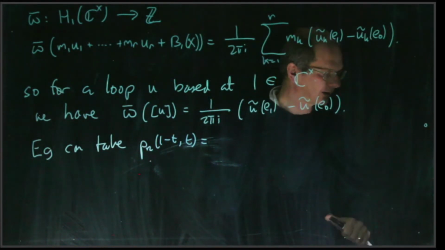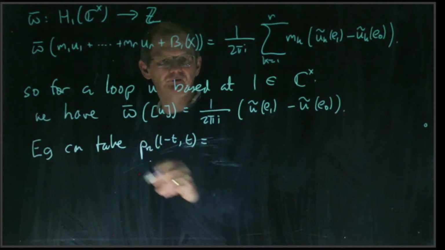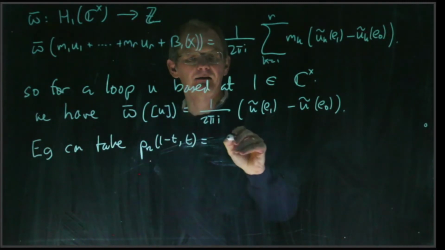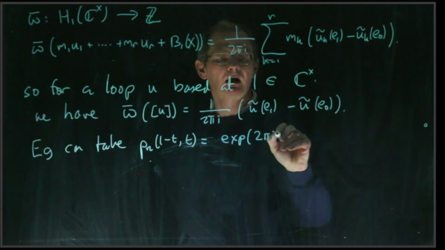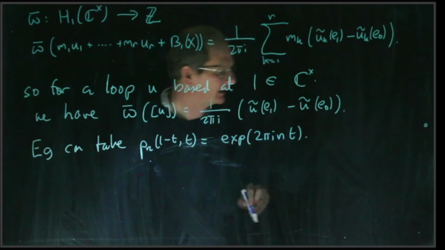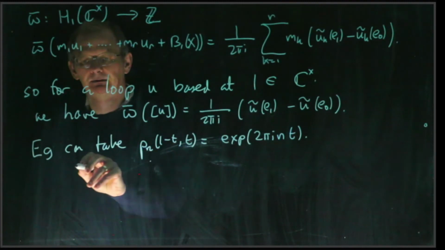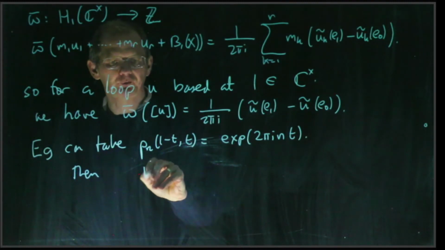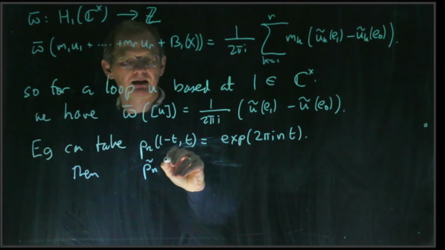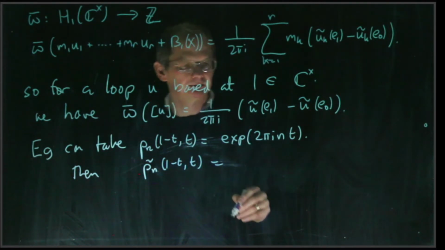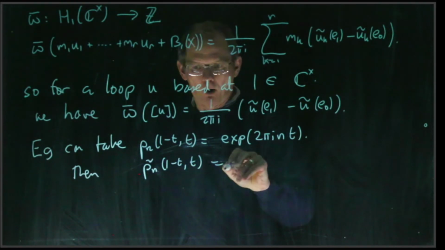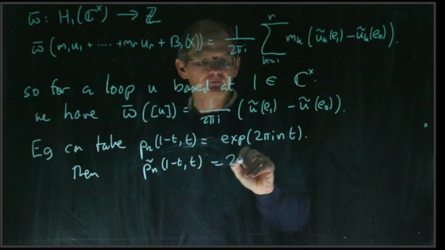So for any integer n, we can define a particular path, which I'll call Pn. This is just going to be the exponential of 2 pi i n t. Then your obvious choice of lift, Pn tilde of t, is just going to be 2 pi i n t, the thing that we're taking the exponential of.